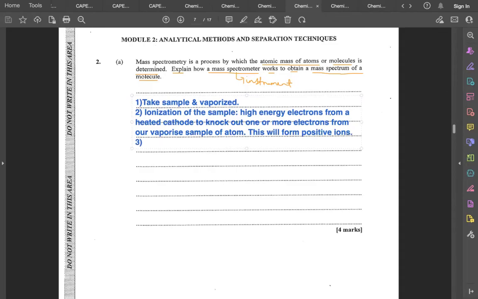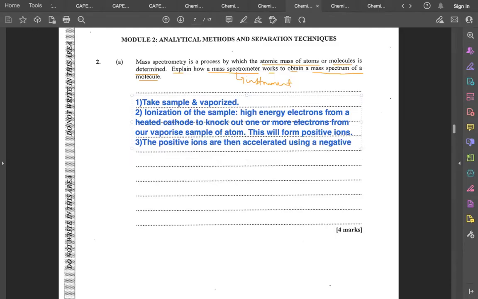The third thing that's going to happen inside of this mass spectrometer is that the positive ions that we just created from that ionization step are then accelerated using a negatively charged plate, because opposites attract.